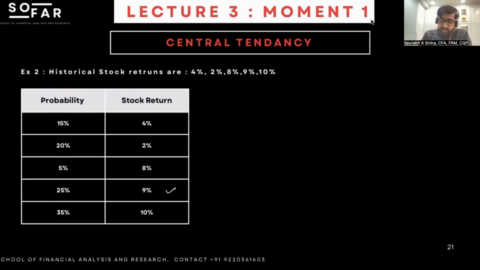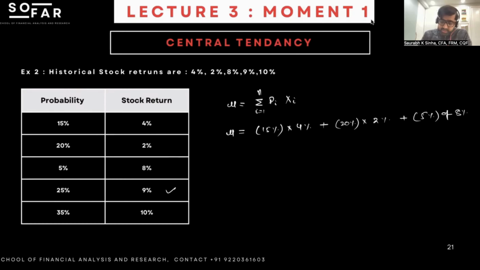Now you have to apply a different formula for mean, which is the summation of pi into xi, where pi is the probability of the individual data point, and i varies from 1 to n. This means the mean is equal to 15% of 4% plus 20% of 2% plus 5% of 8%, 25% of 9%, and 35% of 10%.